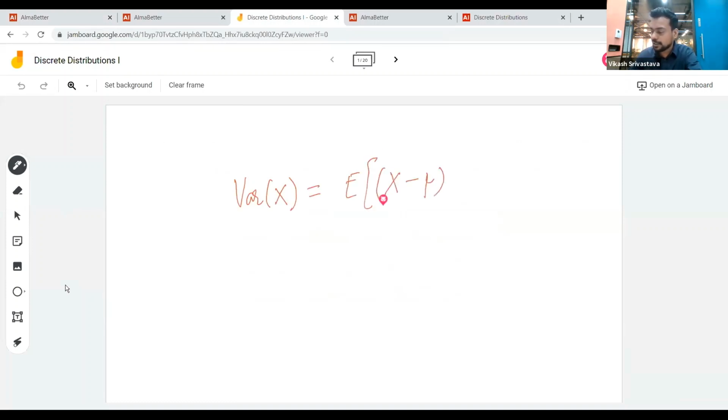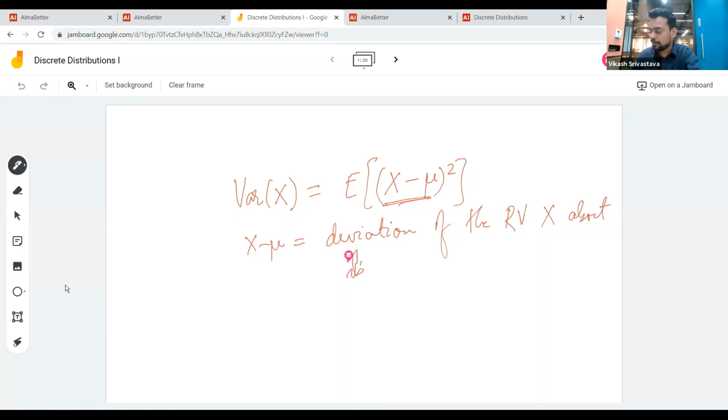Essentially, variance is the expectation of the squared deviation of the random variable about its mean. The term x minus mu is the deviation of the random variable x about its mean, mu.